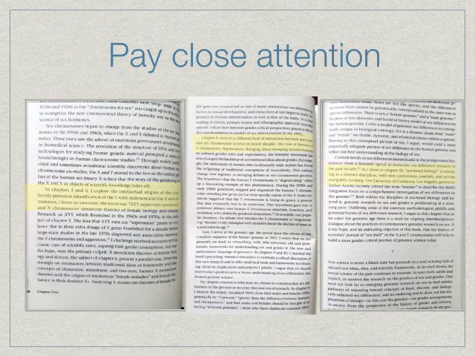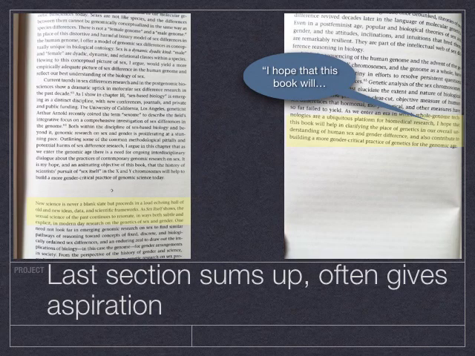She goes on to talk about what she does in chapters 5 and 6, and 7 and 8, and 9 and 10. And we also notice that she groups the chapters in clusters of 2 or 3. And then the last section, after she describes the chapters, is a little final concluding section of the introduction that typically sums up and often gives an aspiration of what you hope the book is going to do.